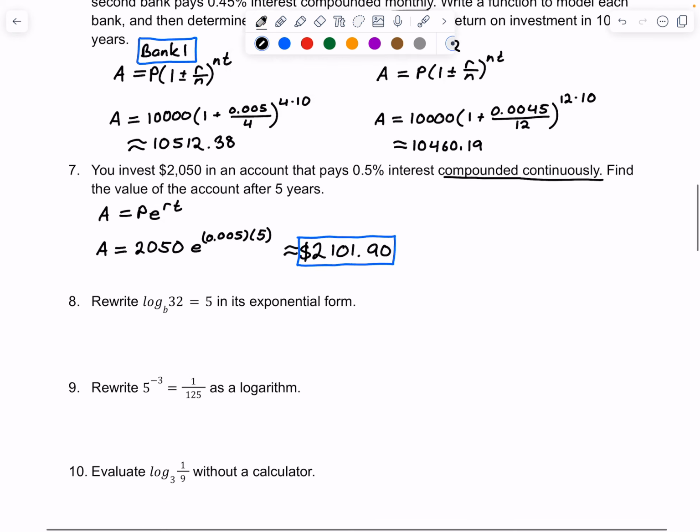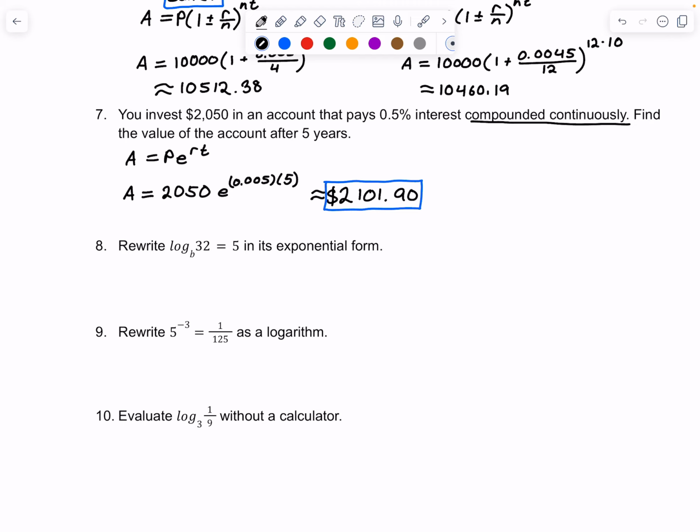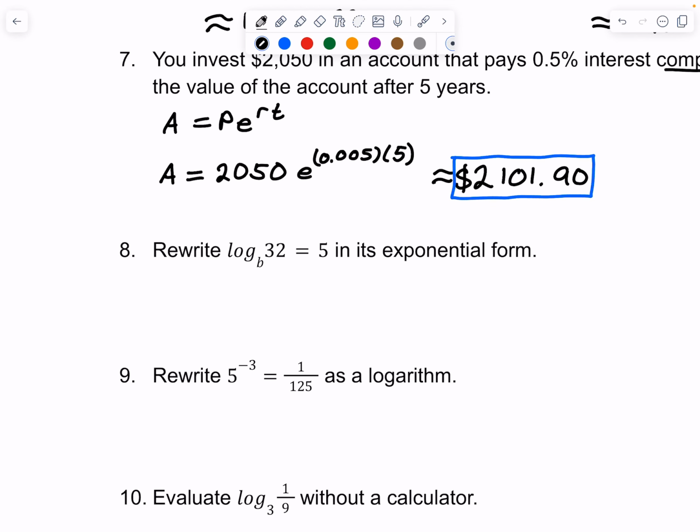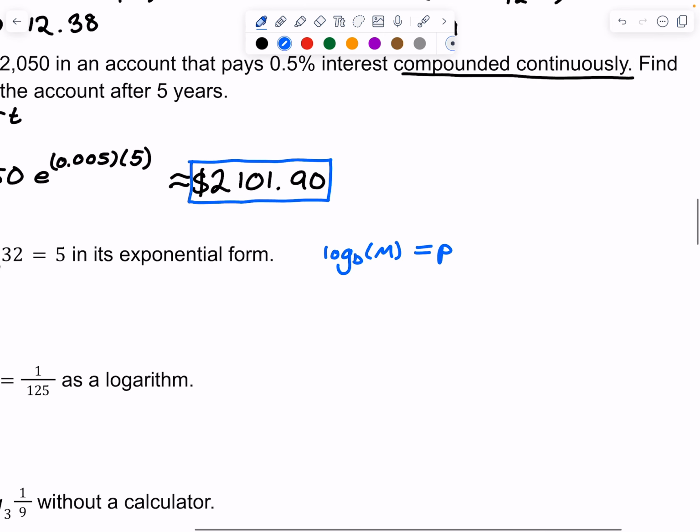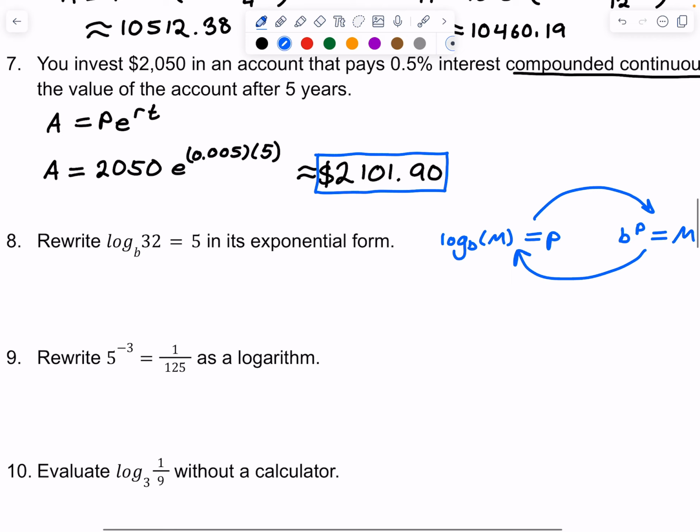All right, number 8, it says rewrite log base b of 32 equals 5 in its exponential form. Well, for that, we need these two equations that you should have somewhere in your brain. Log base b of m equals p can always be converted into b to the p equals m. You are allowed to go back and forth between these two whenever you like. So right now, it's in logarithm form.